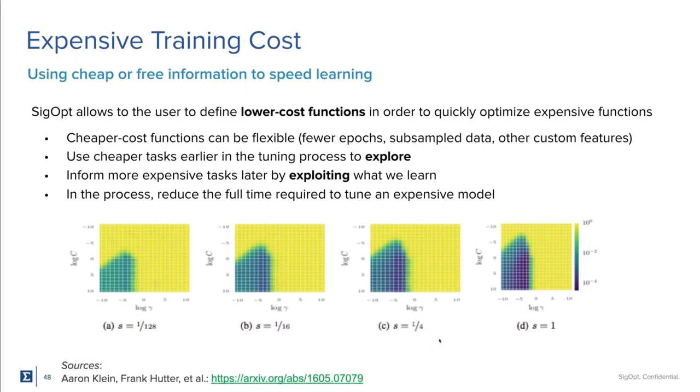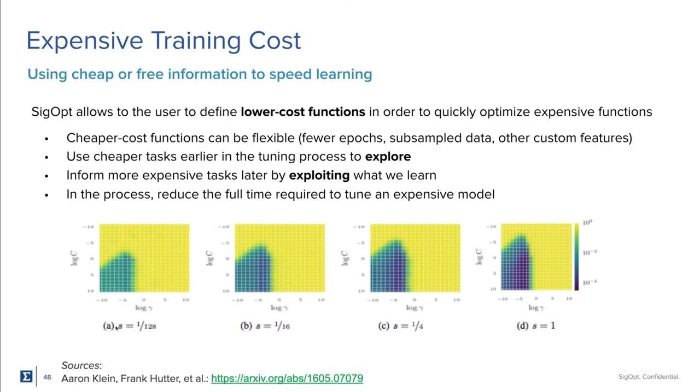In this case, a chunk that takes 1/4 the time to evaluate, 1/16 the time to evaluate, or 1/28 the time to evaluate, and learn cheap, lower fidelity information about the underlying system in order to exploit that when tuning the full cost, more expensive model. You could think of this as maybe taking less data and getting a noisier version of your model faster.